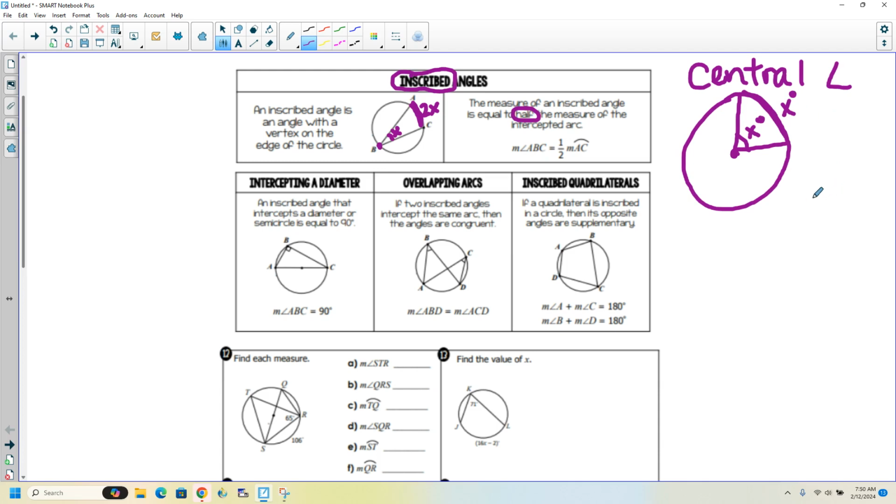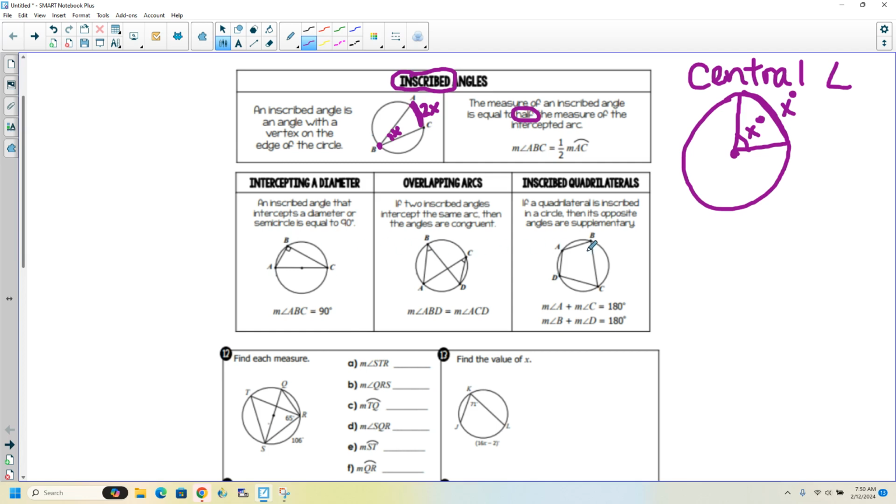So we have to know the difference between those two and when to say the angle equals the arc because it's central, and when to say the angle is half of the arc because it's inscribed. The biggest thing is that people get those two mixed up.